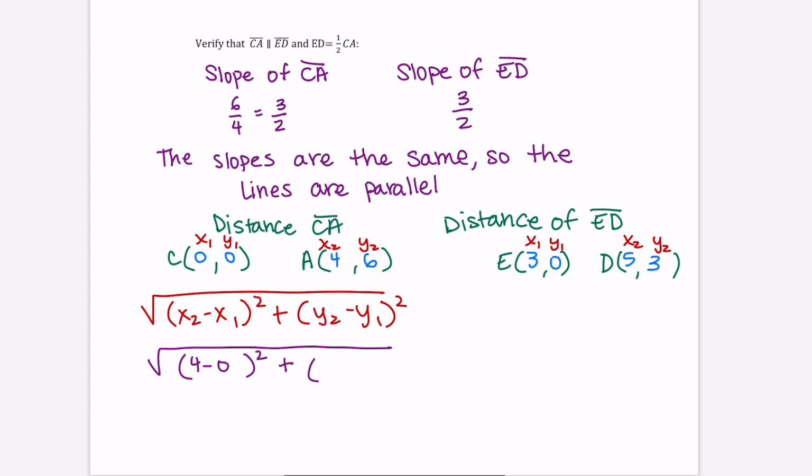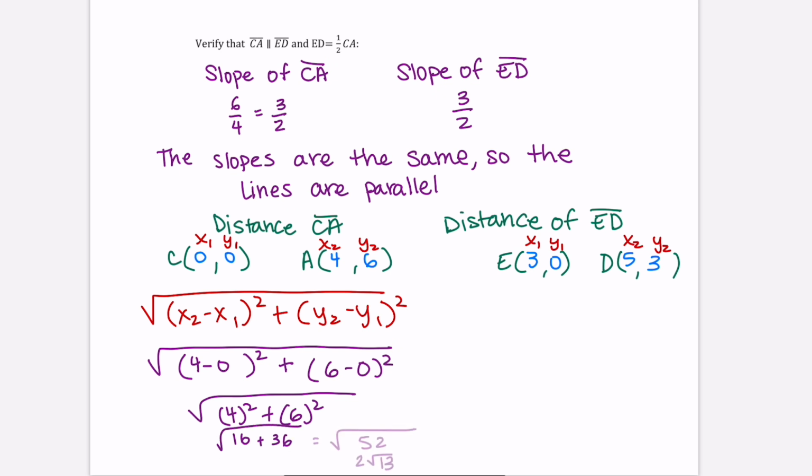Our y2 is 6 minus y1 is 0, squared. This gives me the square root of 4 squared plus 6 squared. You can just put that right into your calculator. This gives us 16 plus 36. This is about 7.2.